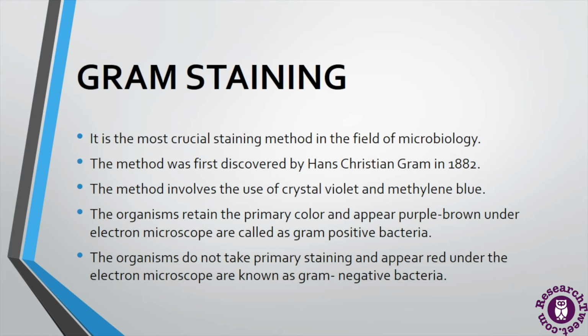That's why some of them retain the primary color and appear purple-brown and some can't resist the primary color and appear pink or red colored. So the organisms which do not take the primary stain and appear red under the microscope are called gram-negative bacteria.